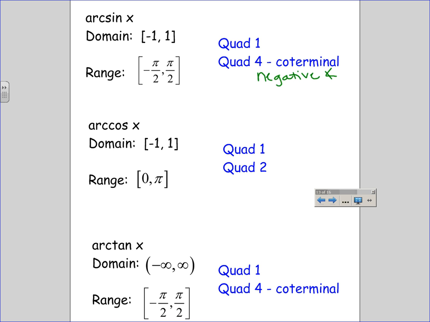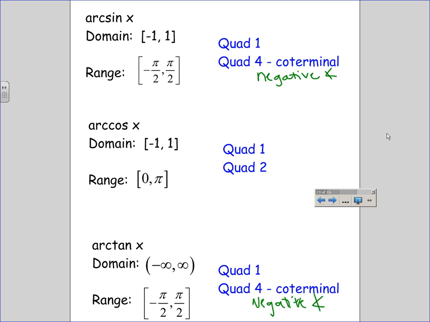However, tangent, the same concept's going to apply here. My range is from negative pi over 2 to pi over 2, so I'm going to need my coterminal. And what type of coterminal angle am I going to have? A negative. Okay? Do we all understand that, yes or no?